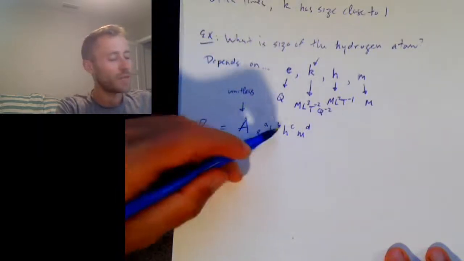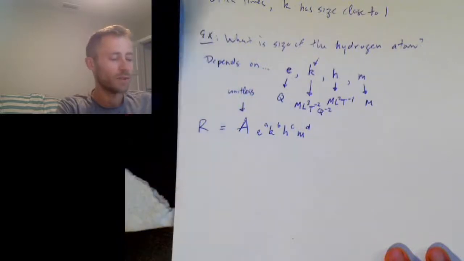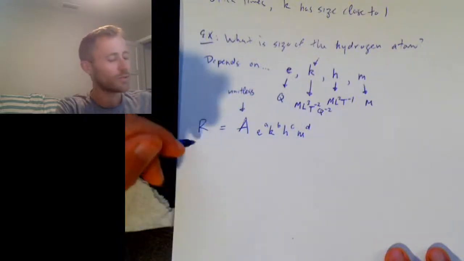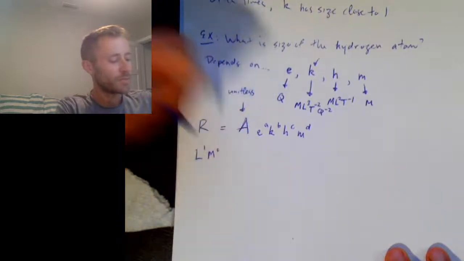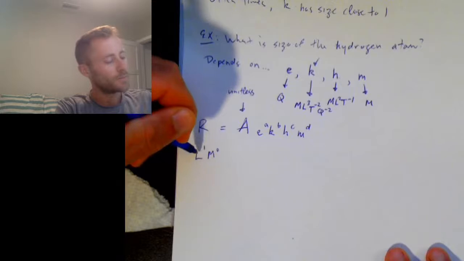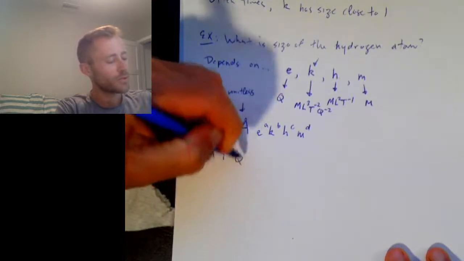So I'm going to choose a, b, c, and d so that the units on the right-hand side match the units on the left-hand side. Units on the left-hand side are L to the 1, M to the 0, T to the 0, Q to the 0.